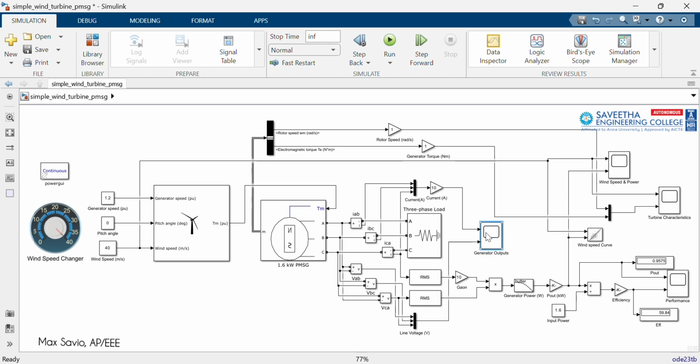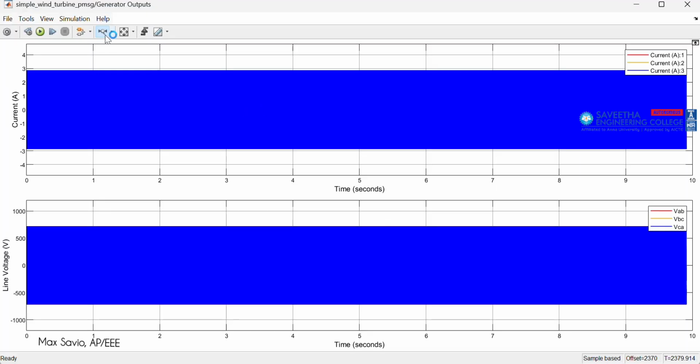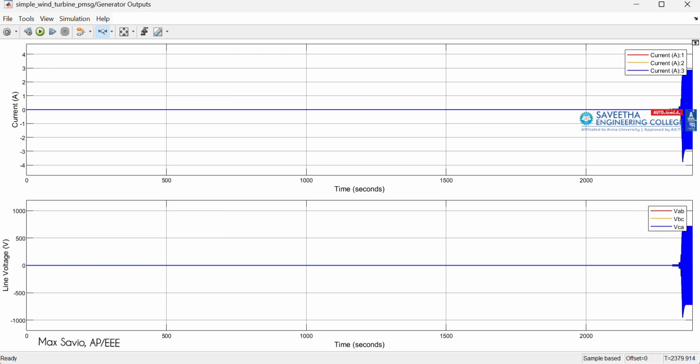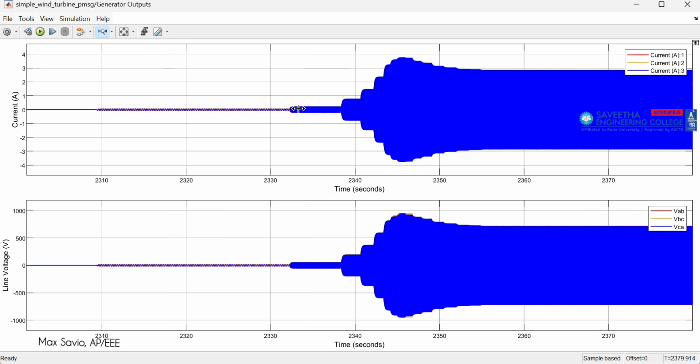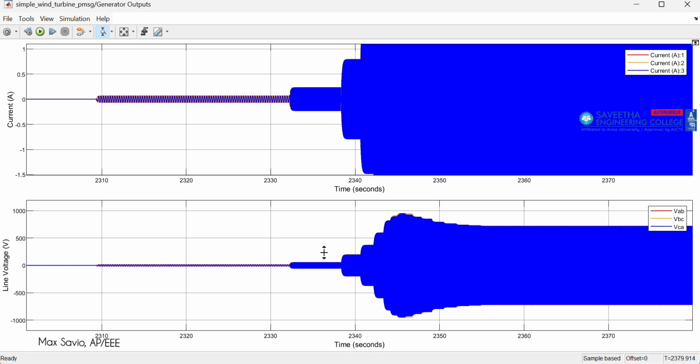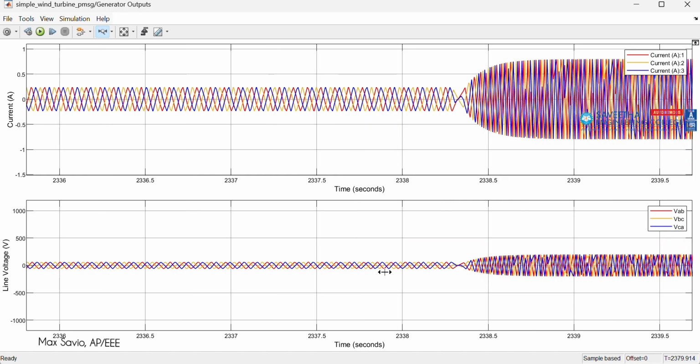Before the efficiency, we need to see the voltage and the current. Okay, so we have the first one, the current is here. Until this point it's at zero speed, so it is not generated. After which the wind turbine starts to generate electricity. So you can see the different nature of the curve, the amplitude being changed here.